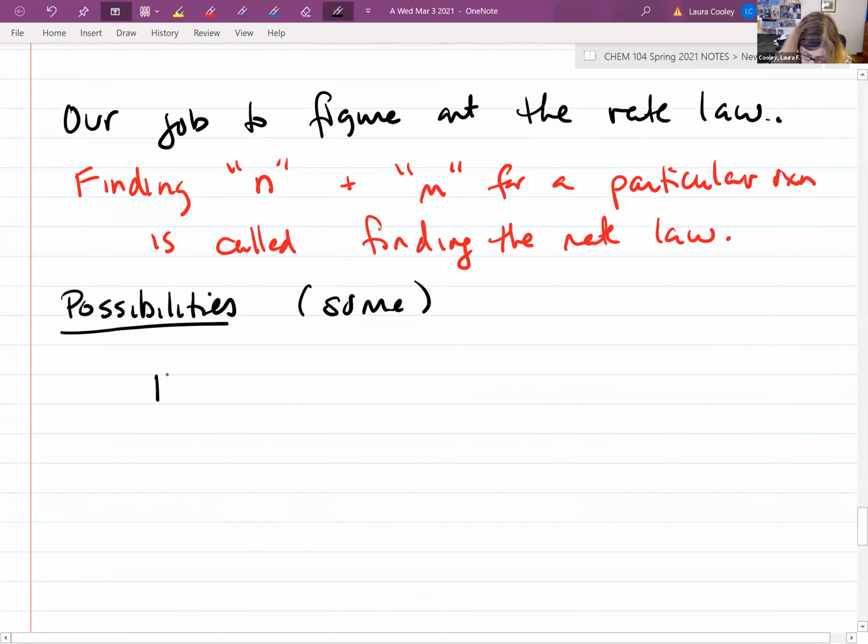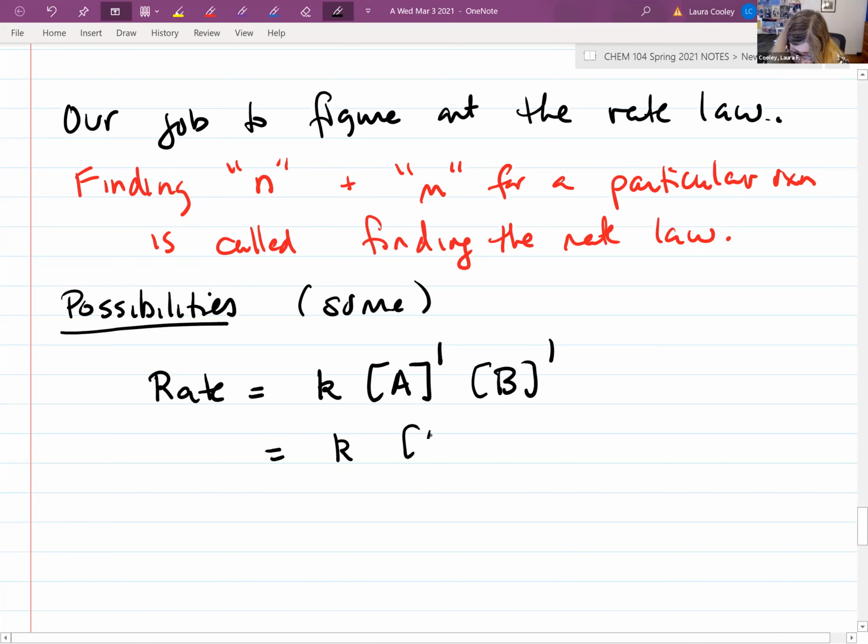Okay, so suppose we find out that the rate is proportional to A to the 1 power and B to the 1 power. Okay, so I wouldn't write this with the ones, right? Because A to the 1 is just A. I would write it like this.